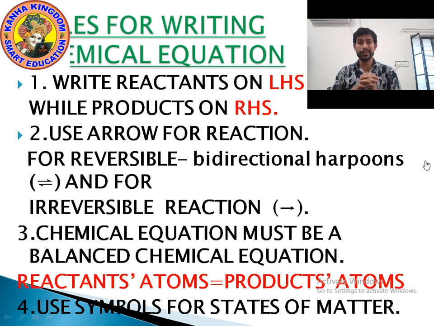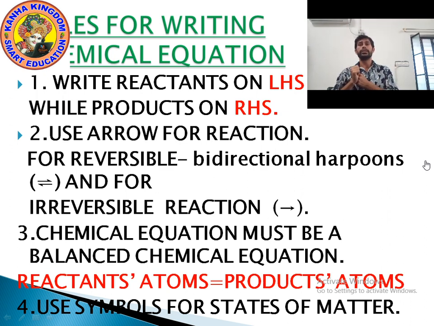Reactants are those which react to each other to give a new substance, the product. You will write reactants on the left hand side and products always on the right hand side.